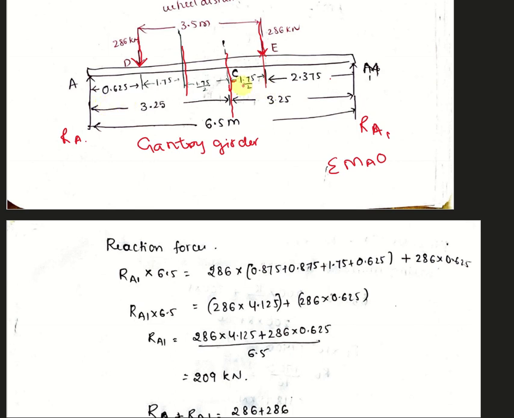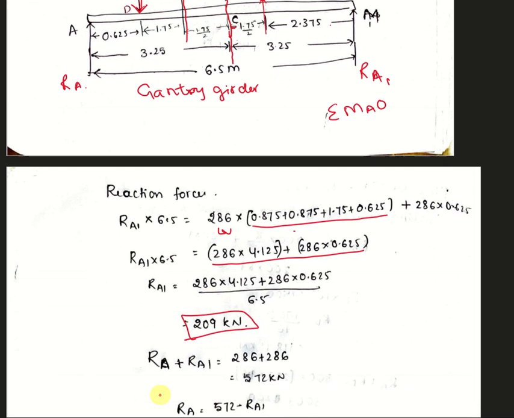That would be how much? 1.75 by 2 is 0.875, plus this another 0.875, plus 1.75, plus 0.625. This is the load into distance, since moment is load into perpendicular distance, right? Plus another load we have, 286 into 0.625. Upon calculating, we get the value of RA1 as 209 kilonewton.